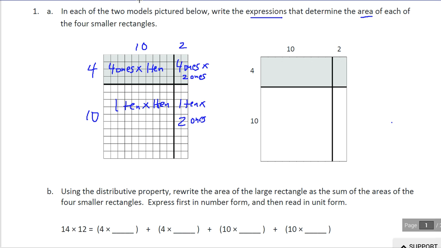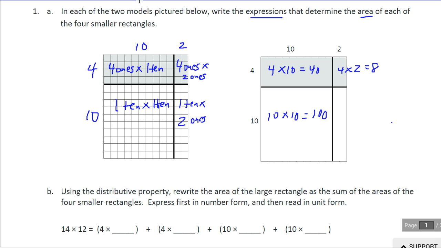Let's figure out what that looks like over here. That's going to be 4 times 10, which equals 40. This is going to be 4 times 2, which equals 8. This one's going to be 10 times 10, which is 100.